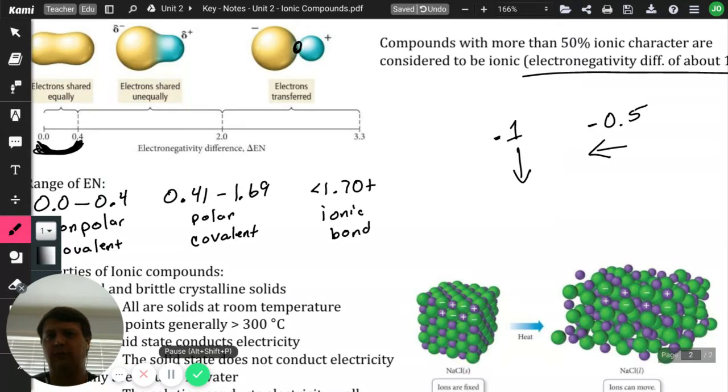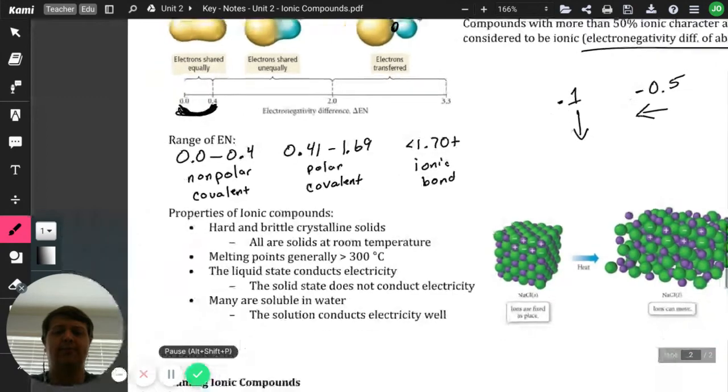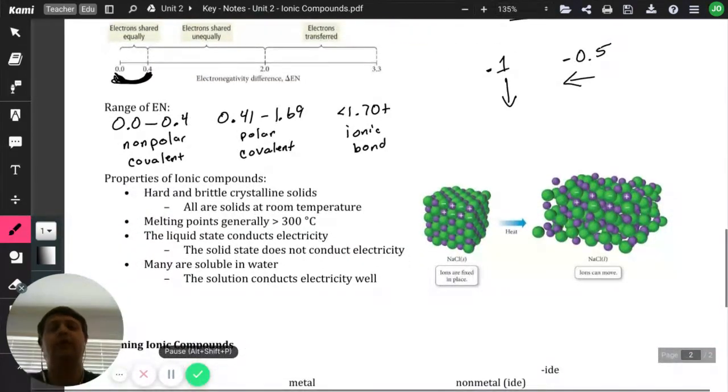Fluorine sits at 4, so the next one over would be 3.5. And as I move down, it would be decreasing by 1 each time. That's a general trend. It's not perfect. There are obviously exceptions to it. But if you're not given a chart or a table for electronegativity, this would be what you would need to use. Okay? All right.